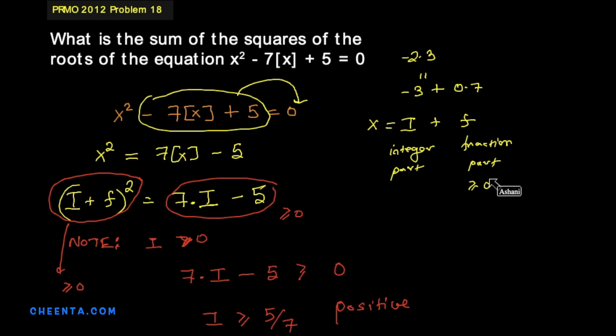So positive plus positive means x has to be positive. Any number that might satisfy this equation, if such numbers exist, needs to be positive. This is a very important advancement toward this problem: we found that the integer part, and the number itself, must be positive.